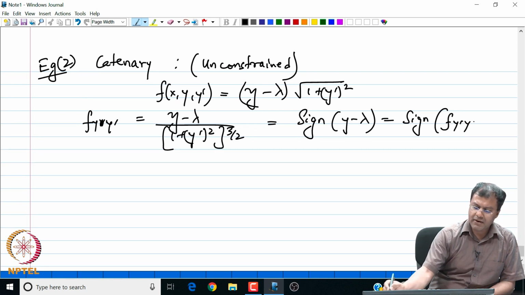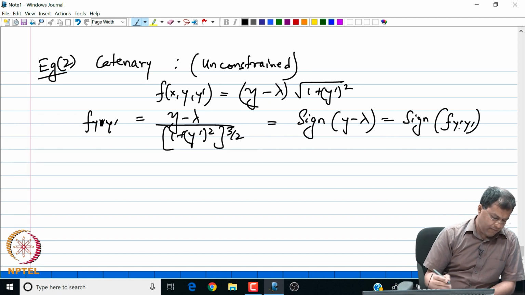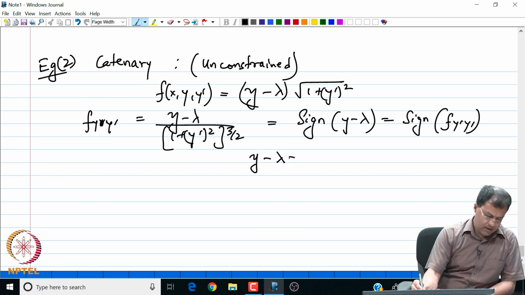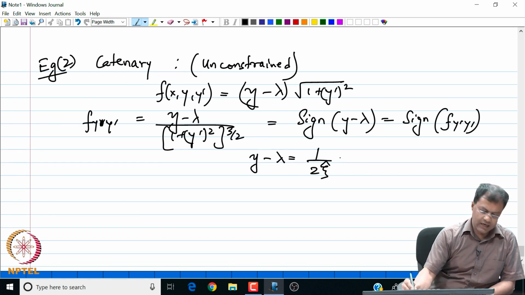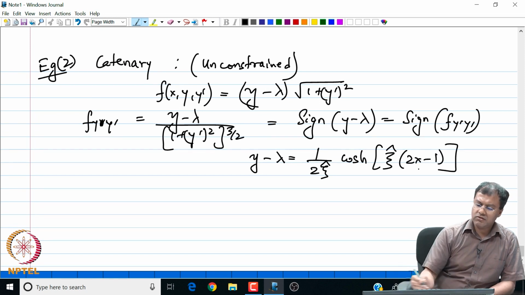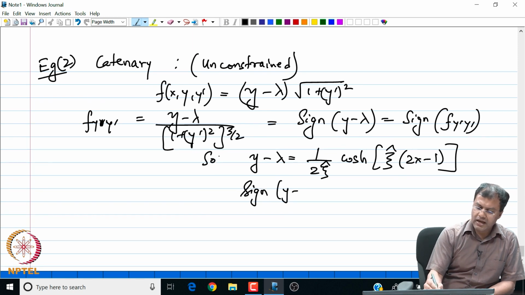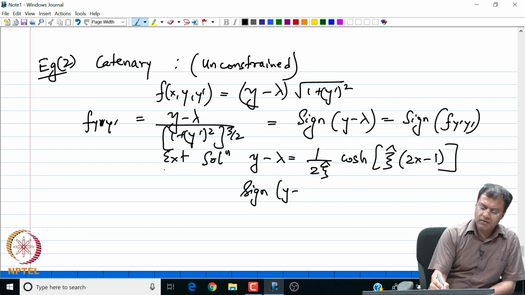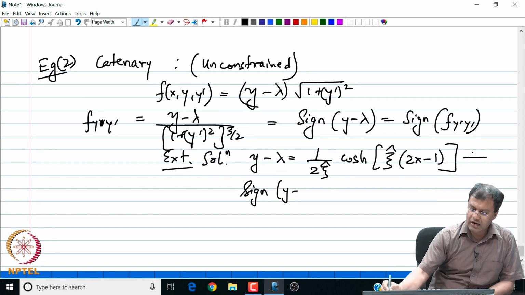If people recall, y being the extremal, the solution in this case was 2 xi hat cosh of xi hat times 2x minus 1. This problem was done a few lectures back, and notice that this is my extremal solution coming from my Euler-Lagrange equation.